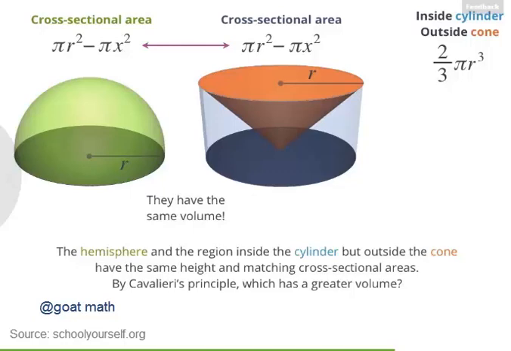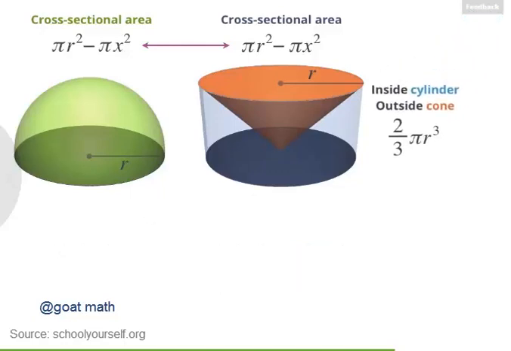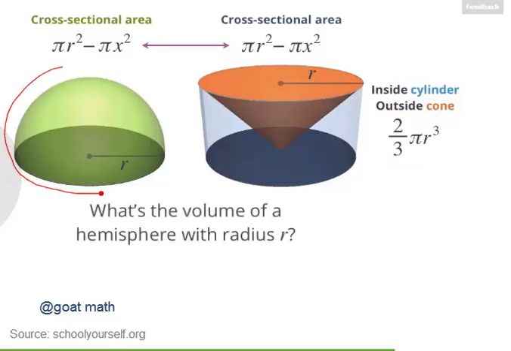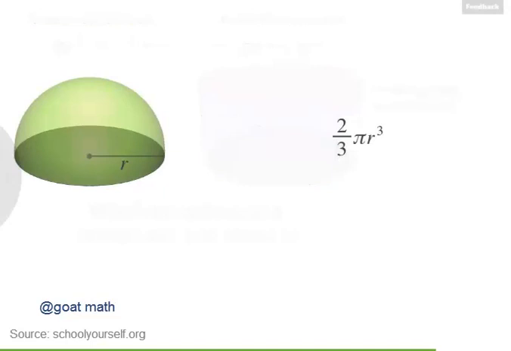Now remember, at the beginning of this lesson, you subtracted the volume of the cone from the volume of the cylinder to find that this region inside the cylinder but outside the cone has a volume of 2/3 pi r cubed. So, what's the volume of a hemisphere with radius r? Excellent! So a hemisphere with radius r also has a volume of 2/3 times pi r cubed. So this is the formula for the volume of half a sphere.